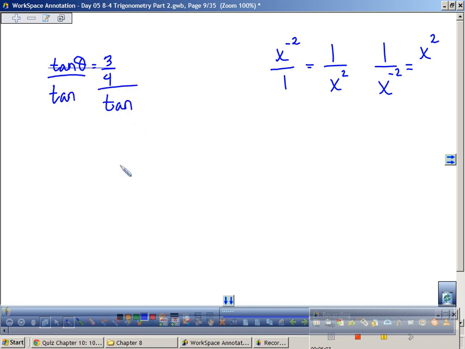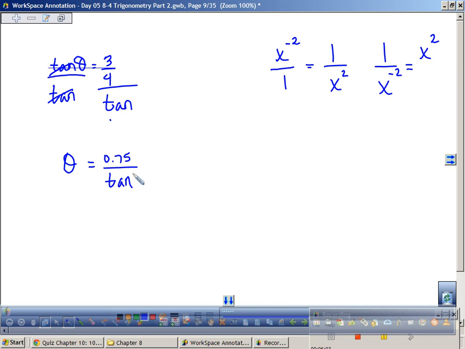That looks kind of funky, right? But do you see what I just did? I just divided both sides by tangent. When I divide both sides by tangent, the tangent goes away on this side, and I'm left with theta equals 3/4. Or if that bugs you, let's just do this. Over tangent.